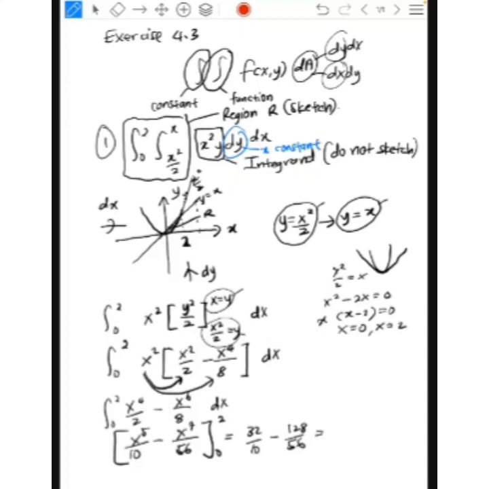Then you get 32 over 34. Okay, and the answer is 32 over 35. Okay, so that's how you do the evaluation as well as the region of integration.